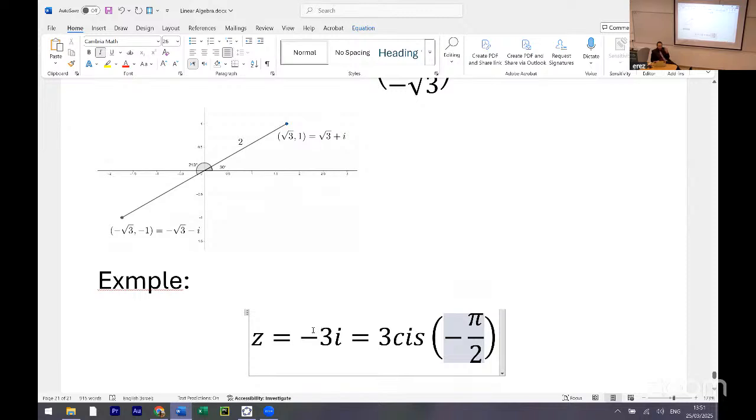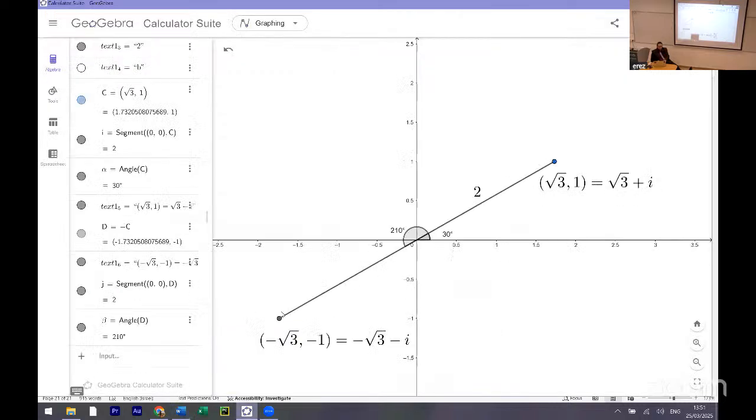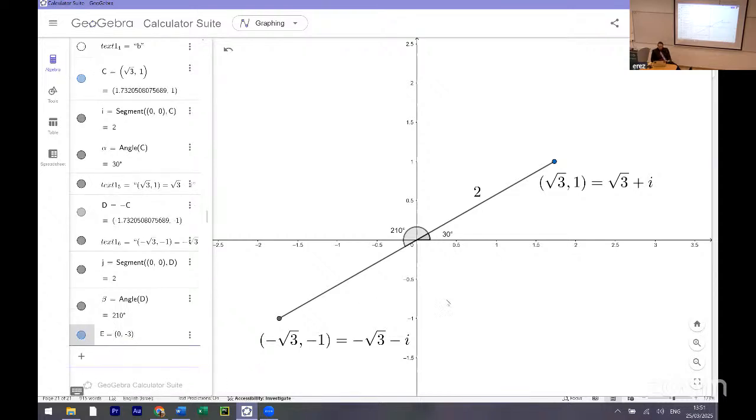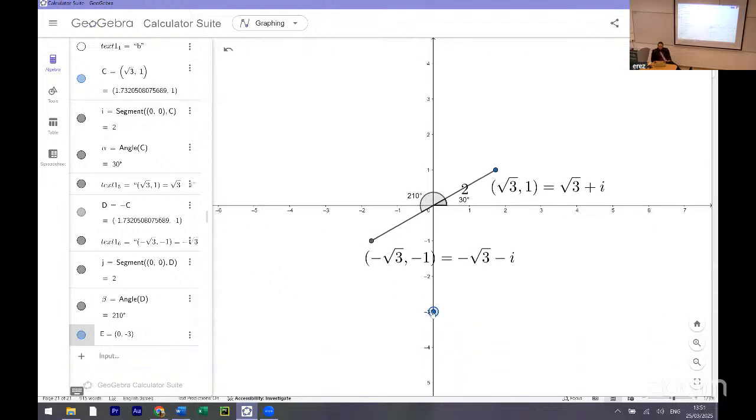But it's easy just to think about the plane. Where is minus 3i located on the plane? It's 0 minus 3. It is simply that point here.